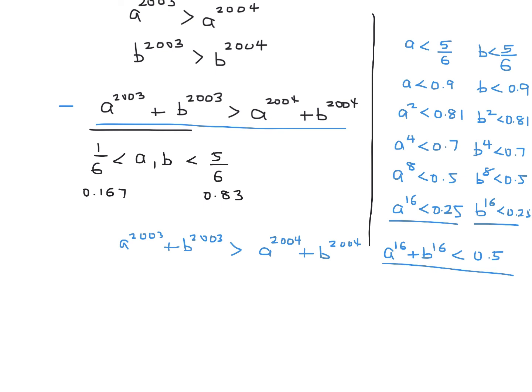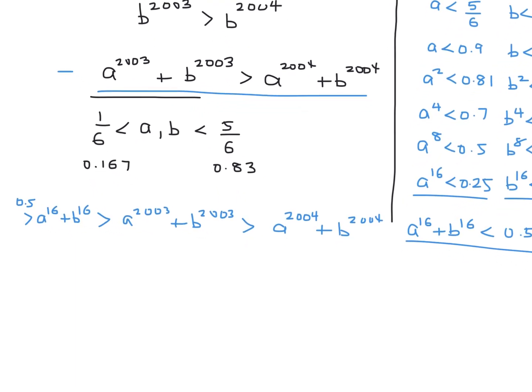And then if we combine that with this guy, keeping in mind that both a and b are less than 1, we can conclude that this is therefore going to be less than a to the power of 16 plus b to the power of 16, which is less than 0.5. So I just combined those two like that.